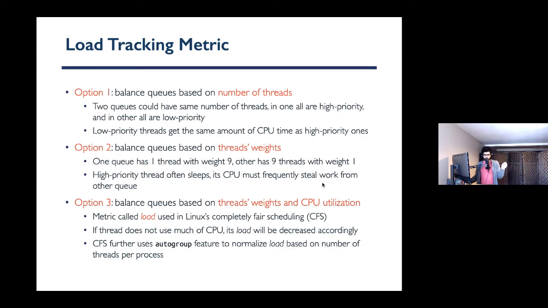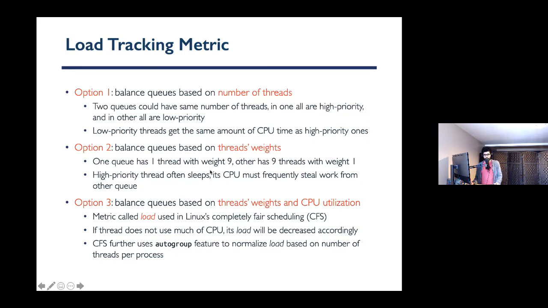Basically, it's a multiplication of your weight times how much you're utilizing the CPU. If you do that, then you address the problem that was raised here. So you will have a load-balanced system where you don't need to migrate tasks between the CPUs. I'm not going to go deeper than this, but it should give you some sense.